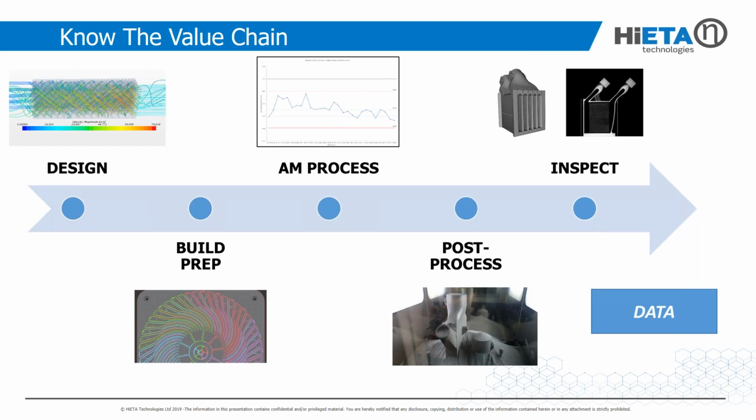It's an iterative process which takes a long time. After that, if we are happy, we do 1D analysis, finalize our heat exchanger, and go to build prep, where we slice the parts and prepare them for the machines. We can monitor the machines live, as you can see there.